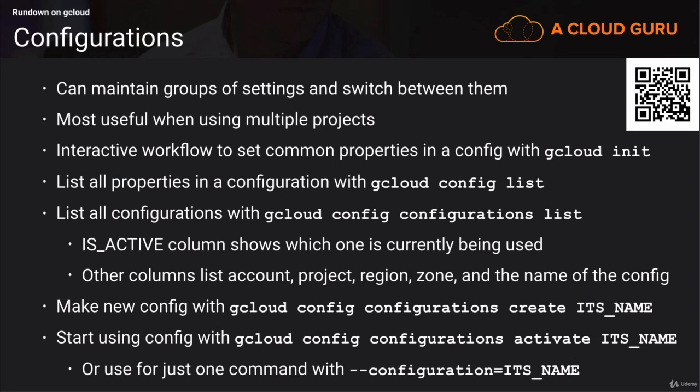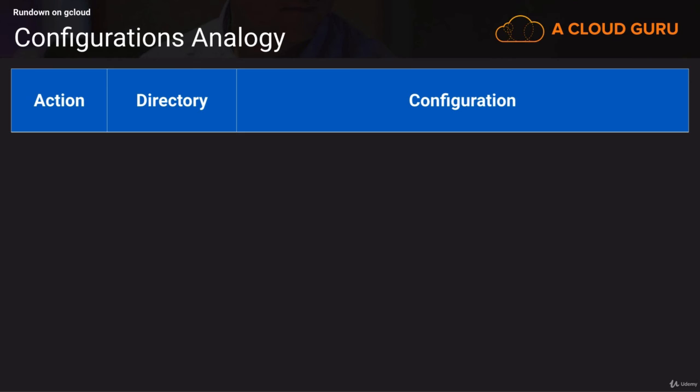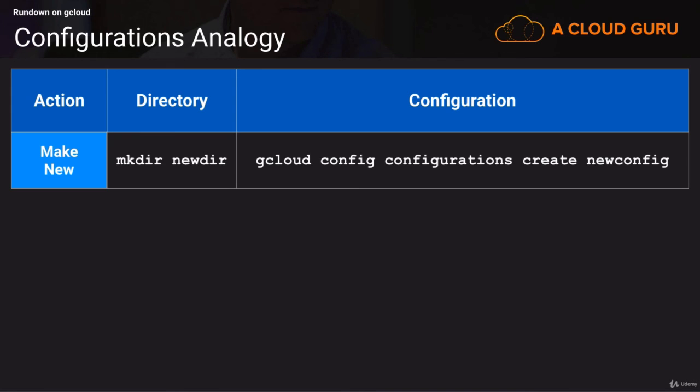Okay, I recognize that this is a lot of new information on the screen all at once. So let me give you an analogy that will hopefully help this information about configurations sink in. Let's compare working with directories on the command line to working with configurations on the command line. If you want to make a new directory, you would type something like mkdir and then the new directory's name.